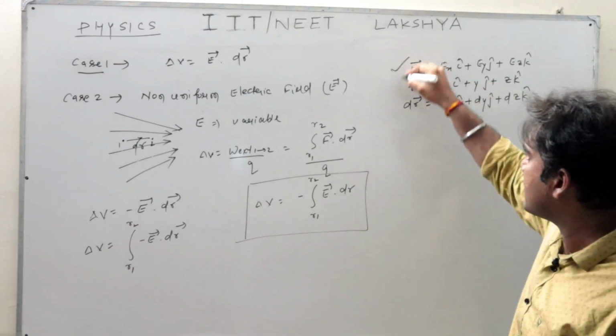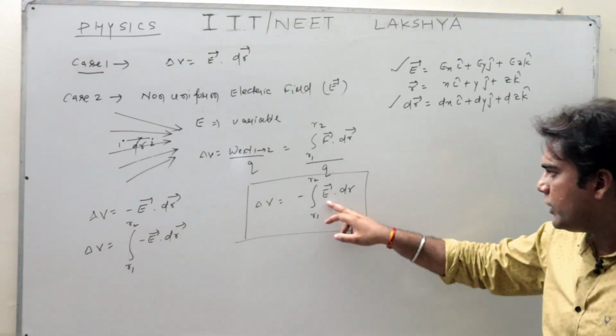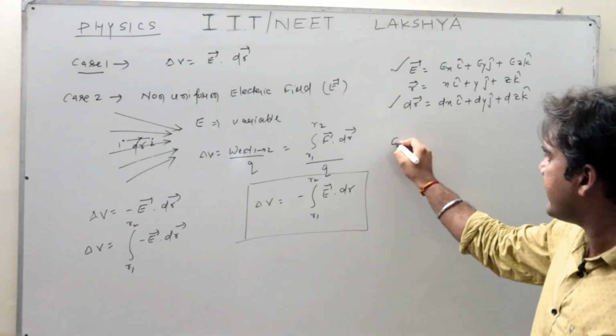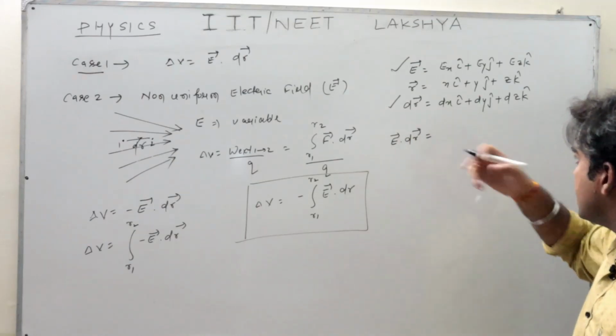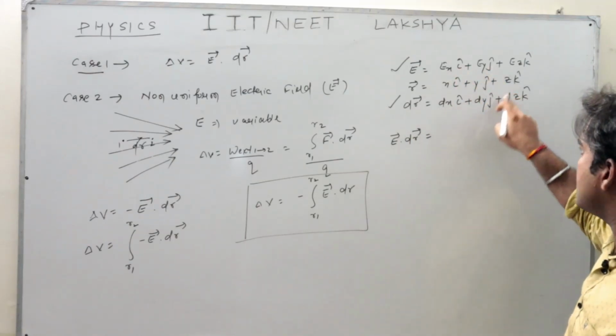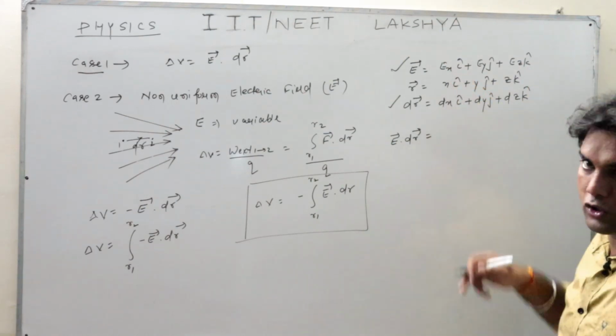Now this is your E vector and this is your dr vector. So if you need to take the dot product between them, E dot dr, what will that be? There will be this dot this, and this dot this. So i dot i, you know, is 1.